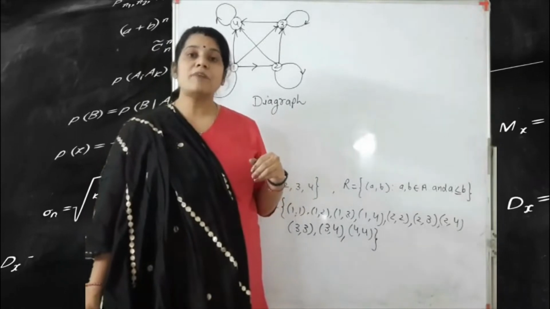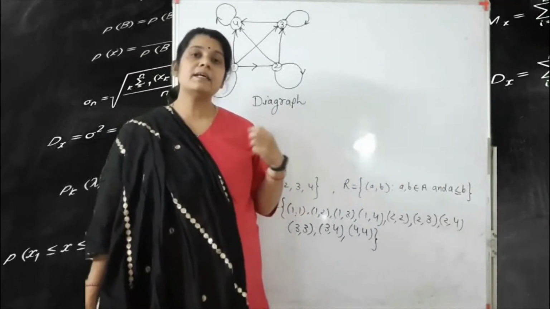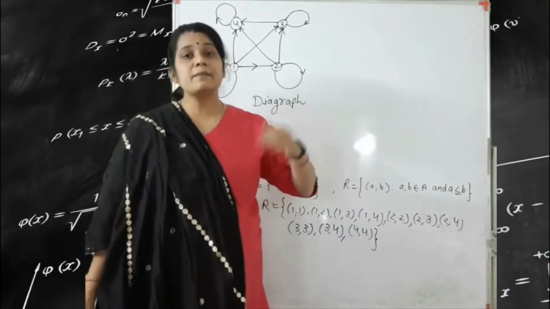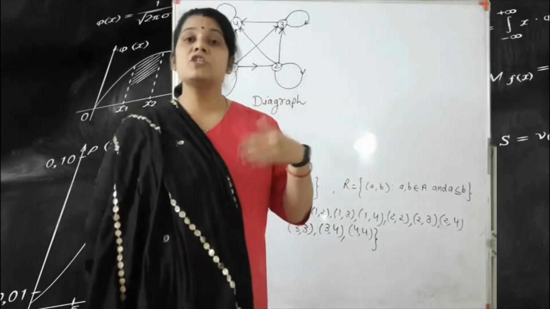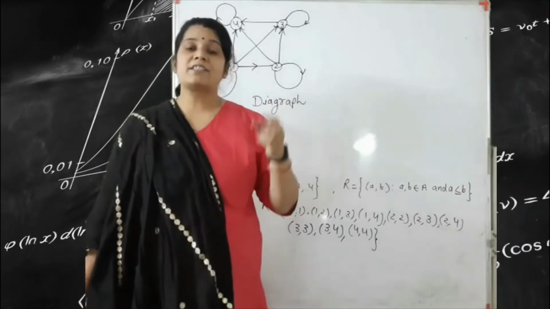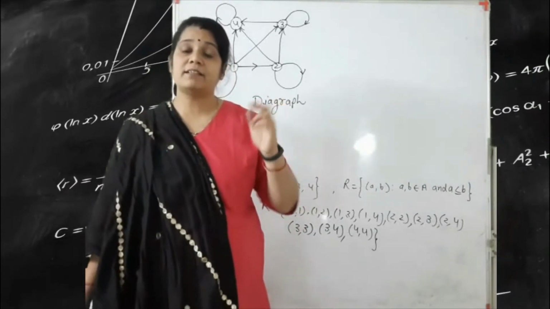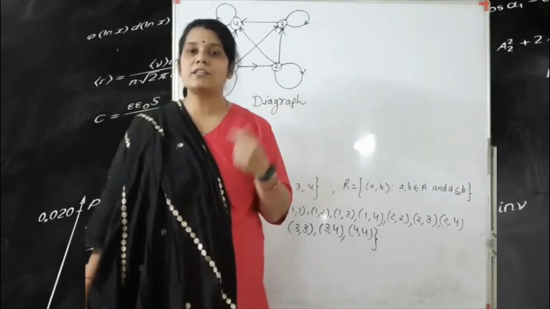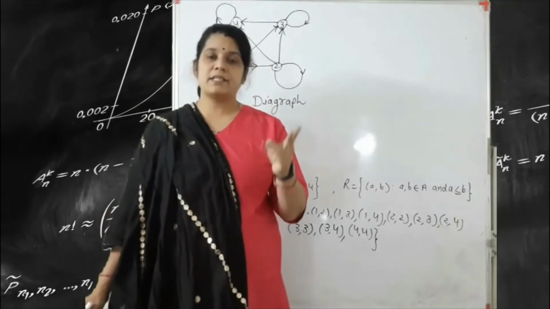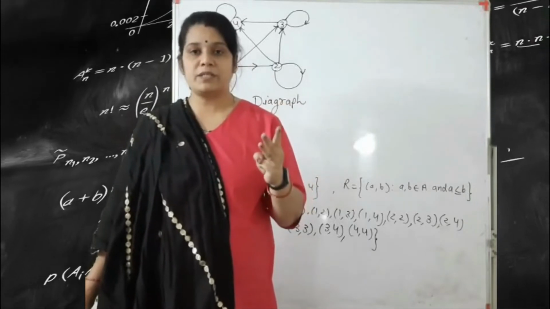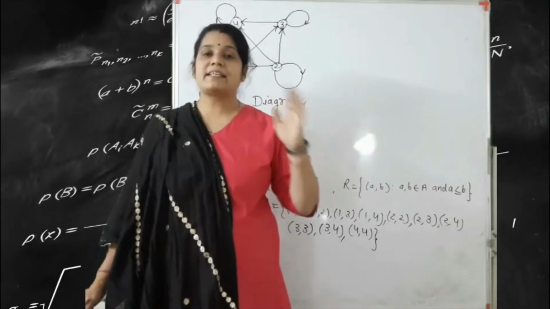So why do we use the Hasse diagram? The Hasse diagram is always drawn if your relation is a partial order relation. Partial order relation means the reflexive, antisymmetric and transitivity properties are always satisfied.